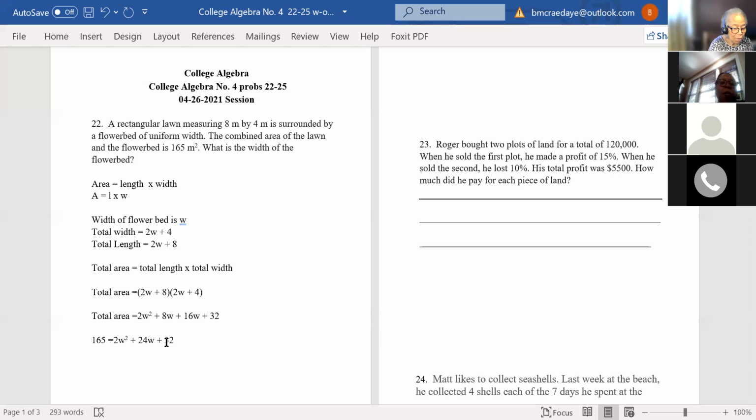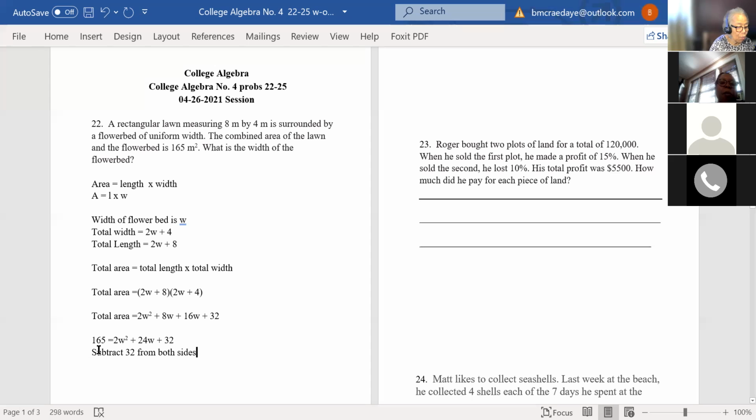Now, what can we do with this equation? What else can we do? We can subtract the 32 from both sides, right? Yeah. Subtract 32 from both sides.